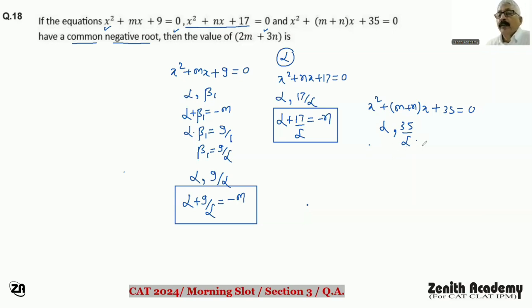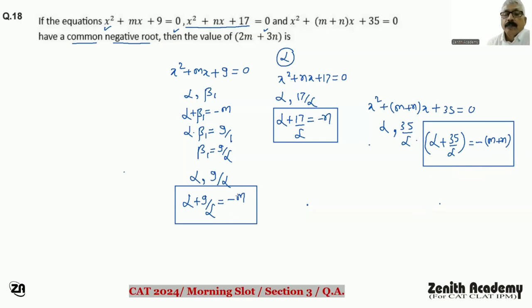So now alpha plus 35 upon alpha, meaning the sum of the roots, is going to be minus m plus n. Correct? Now you can work faster. It is m plus n.